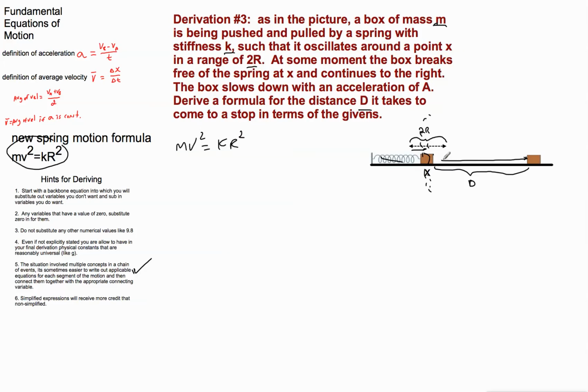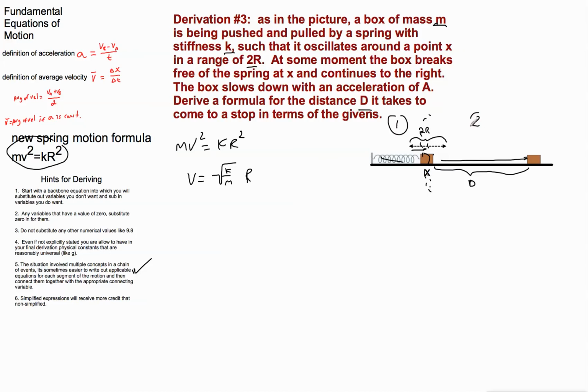That's what I want to know before I go on to the next part. So I'm going to rearrange this for the speed it's going, v. And again, I'm going to let you stop and do the algebra if you'd like. But that ends up looking like this, the square root of k over m times r. Okay, that's the formula out of it. This relates the velocity or the speed of that box in terms of these things. So that's kind of the first segment right there.